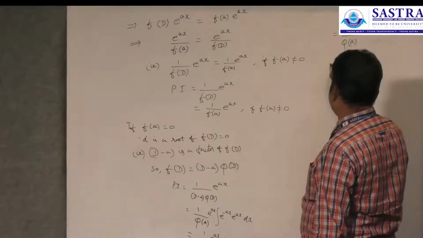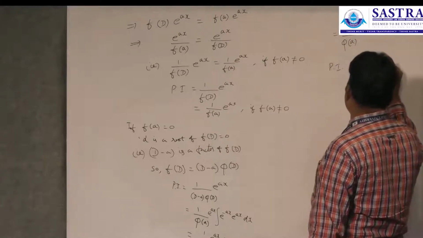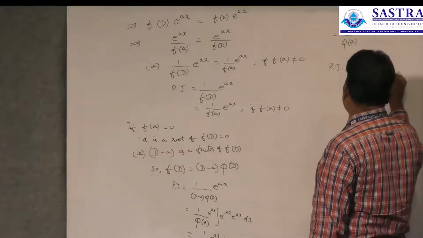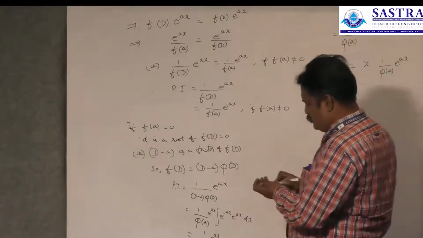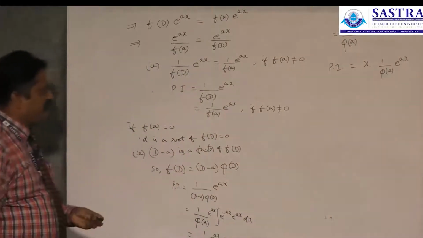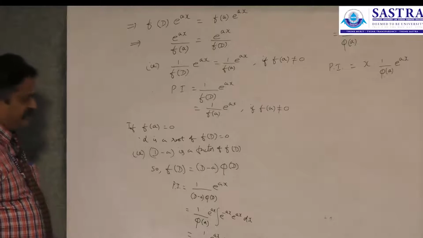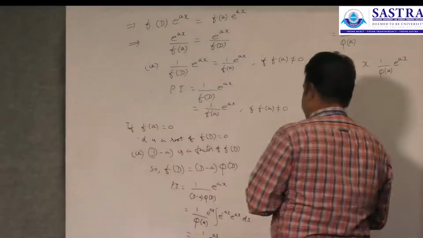That is, particular integral is x into 1 by phi of a into e power ax.